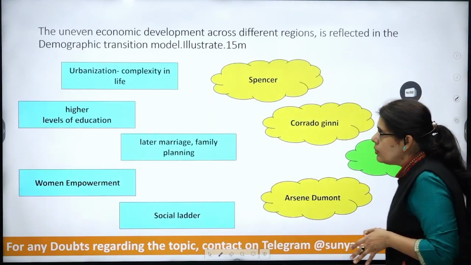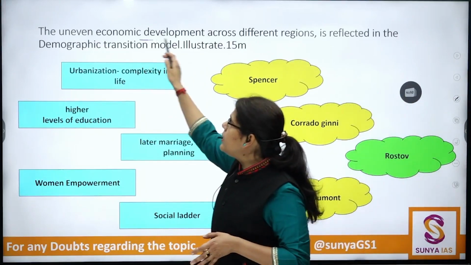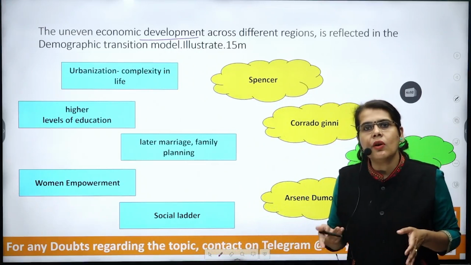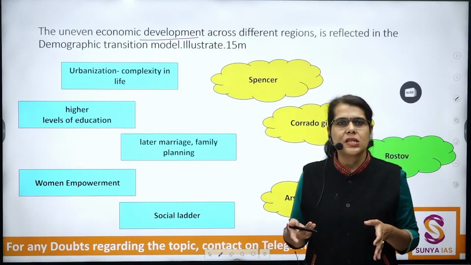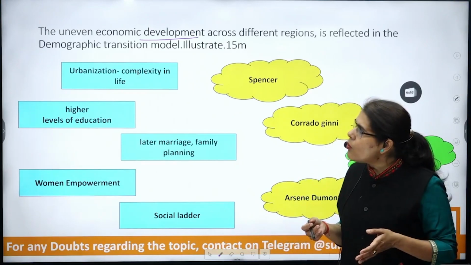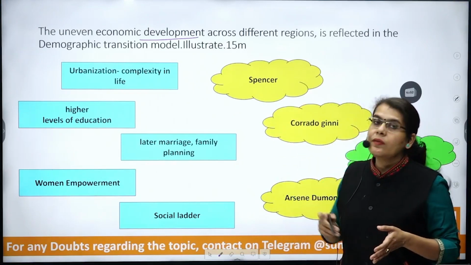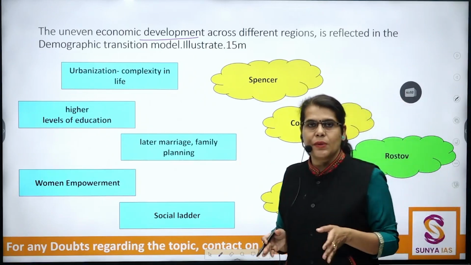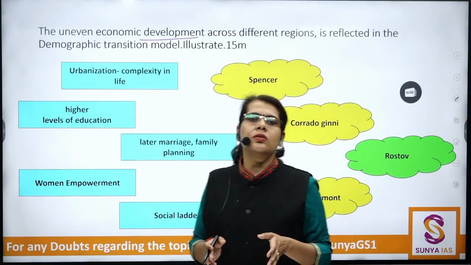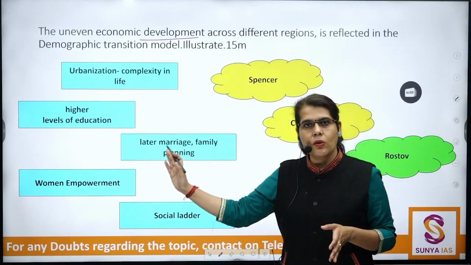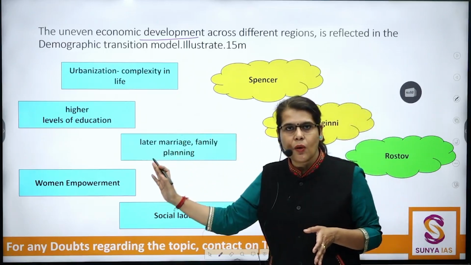Okay. Now when we are talking about economic developments and a demographic transition, is the DTM the only model which talks about such a transition? No. Here we are talking about economic development which is not even across different regions. So hence, children, we are also talking about certain other concepts, and how these concepts are associated with economic developments.